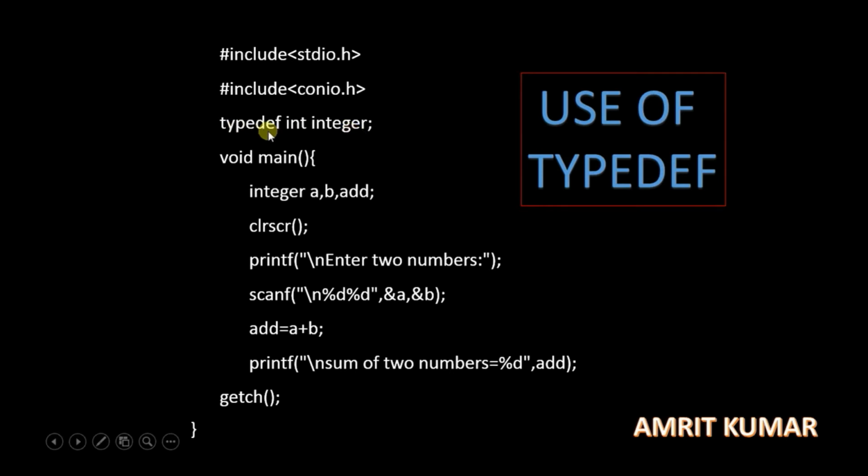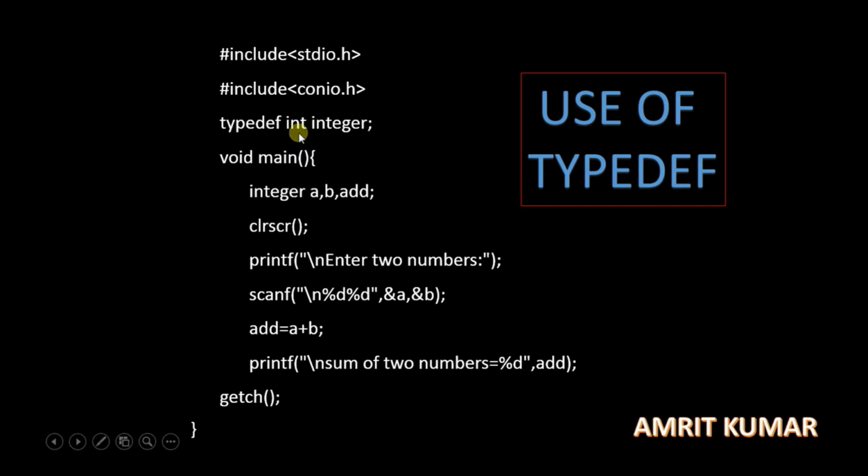So you can define your own variable for the integer, for the float and for the double. This is the work of the typedef in C language. Now I am just going to use this concept. I am writing the typedef, which is the reserved keyword.